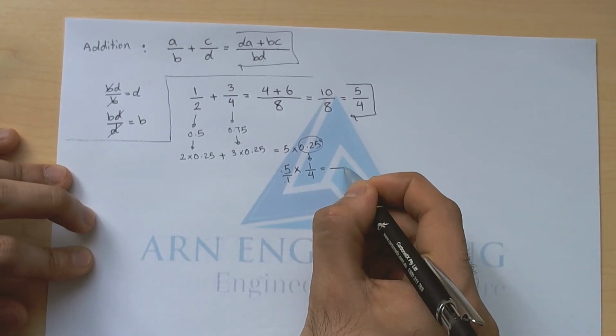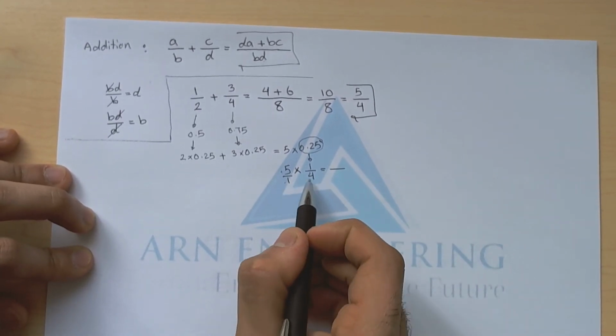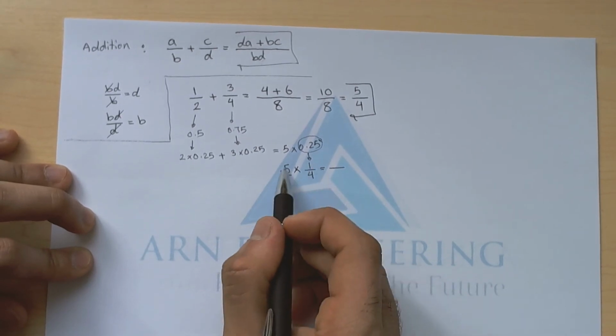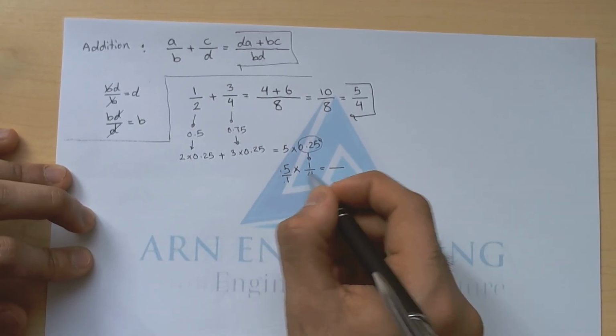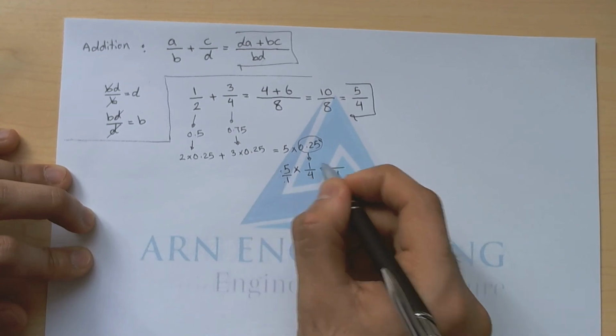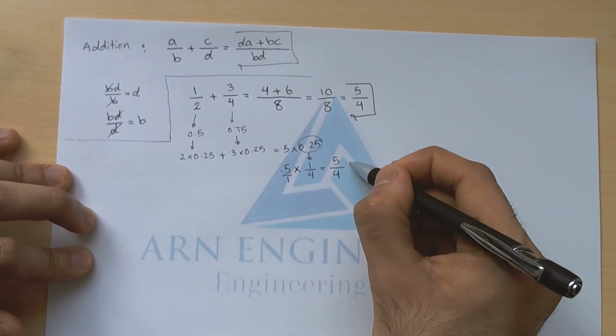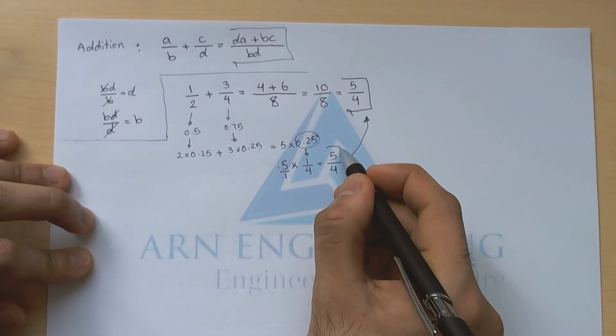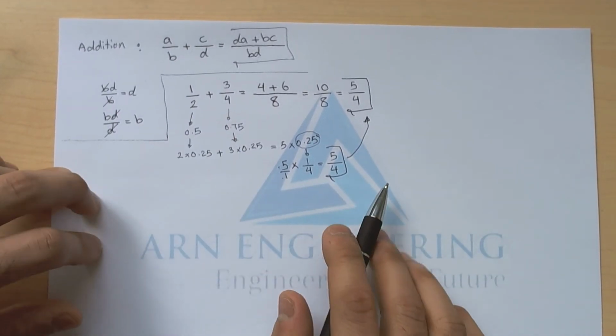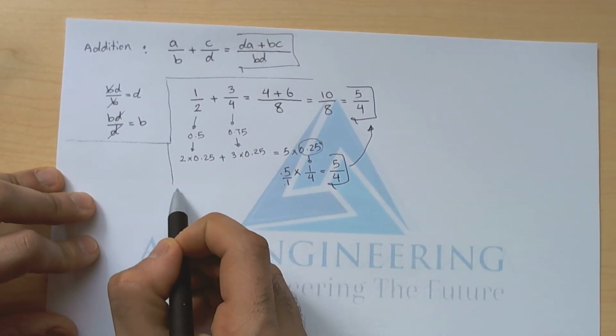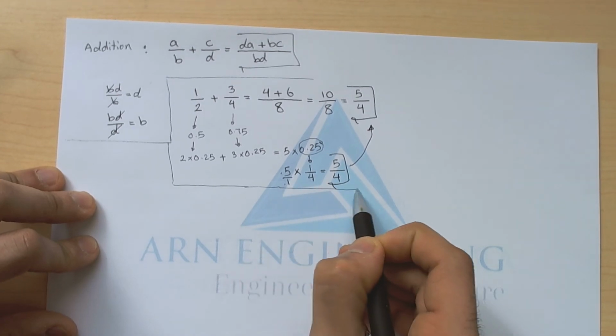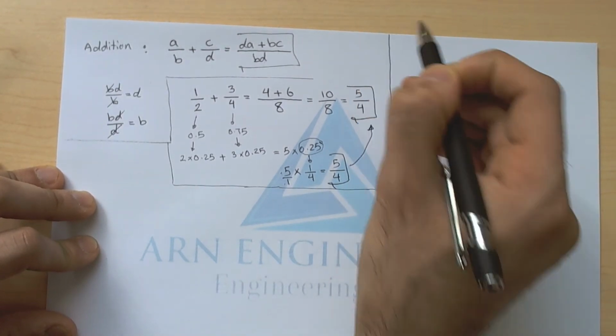Multiplication was basically as simple as timesing the bottom and the top parts of the fraction together. So 4 times 1 is 4, 5 times 1 is 5. And that's same as what we got here. So this is a good way of checking your operations.